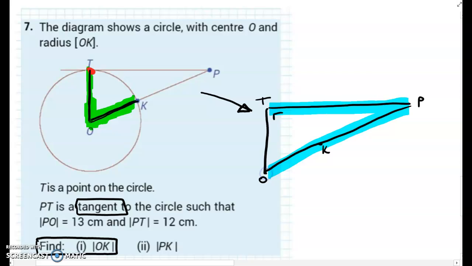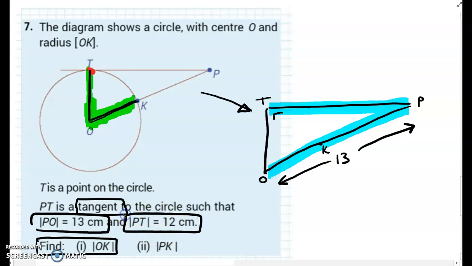We're told that PO is 13, so all of this side here is 13. And that PT is 12, so all of this side here is 12. We don't have this side OT, so we can call that X.